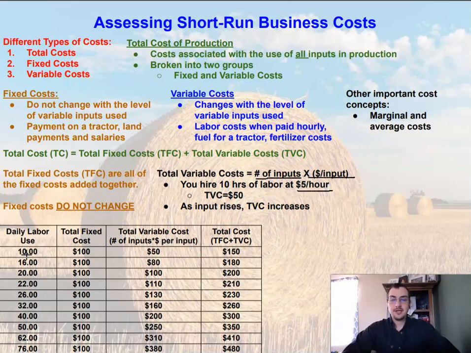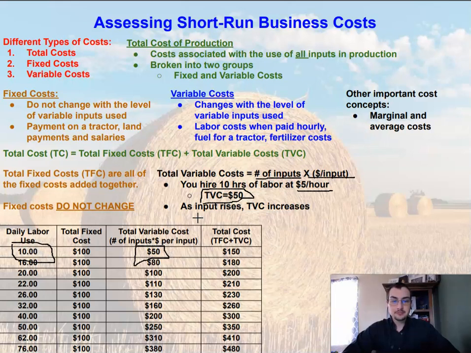So if we work that person for 10 hours at $5 an hour, what is our total variable cost? Well, we take the number of hours times the price of the input. So $5 times 10, we have a total variable cost of $50.